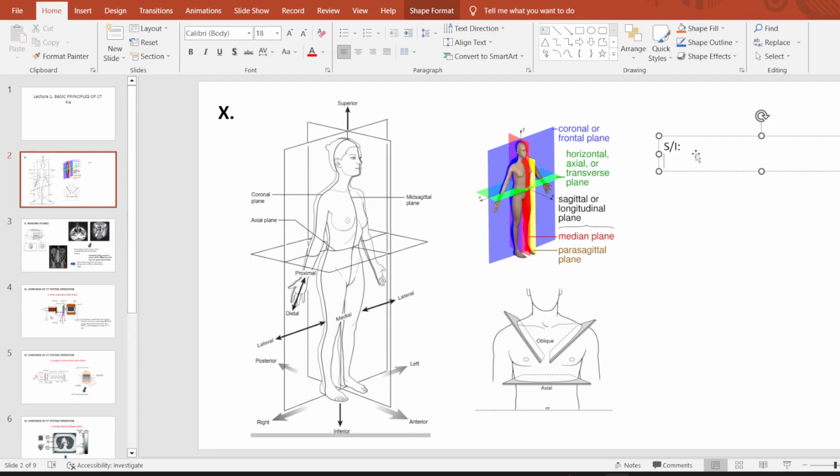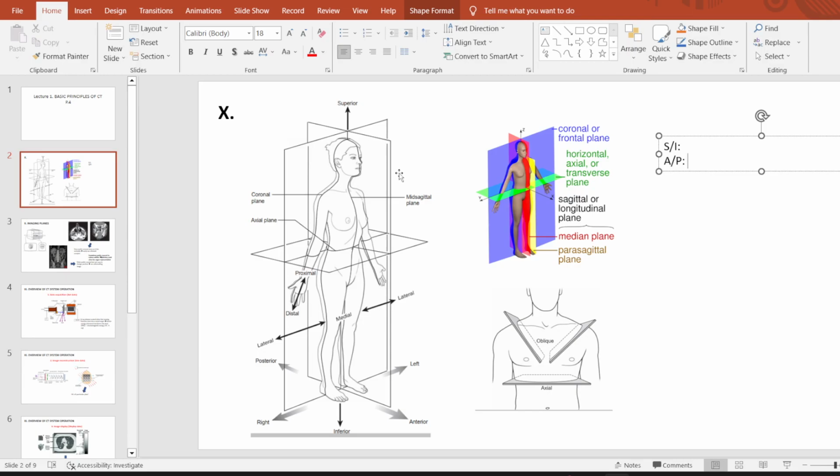Usually they will write superior and inferior in a short way, SI. And the second one is anterior and posterior, usually written in a short way as AP, AP position, AP location, whatever. So what is anterior? Anterior refers to the movement toward the face. Here you can see, toward the face, movement forward, and that's anterior.